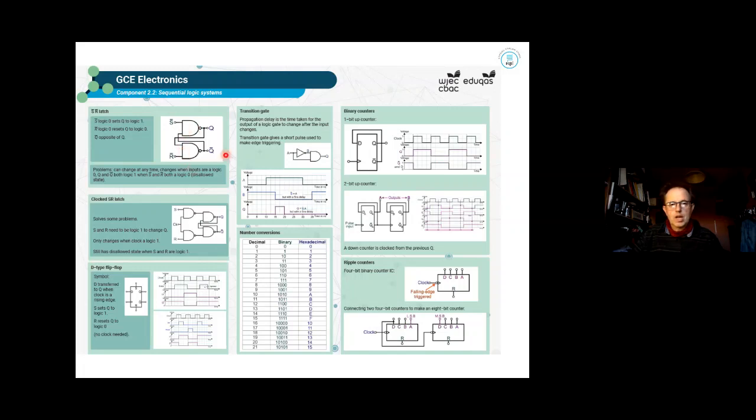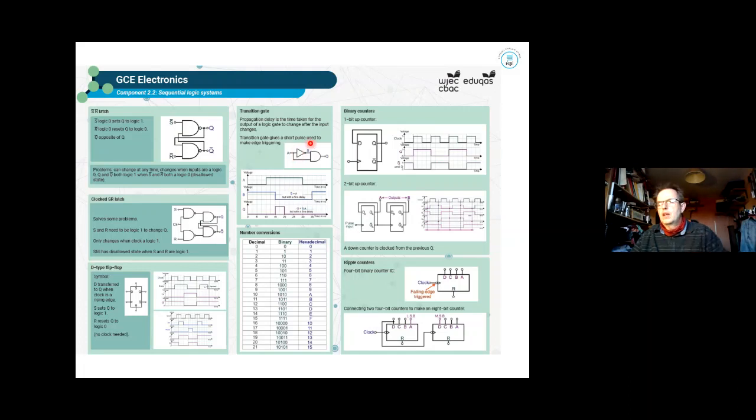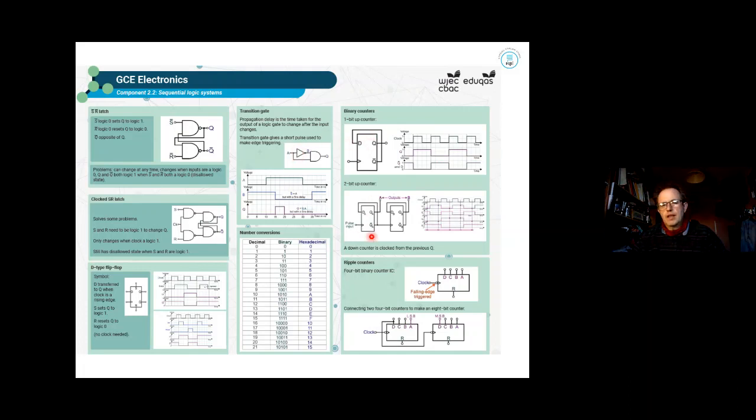Triggers with zeros. Being able to draw a transition gate. Each one of those gates gives you the length of the pulse. Remember that one. With a binary counter, you would have to maybe draw the binary counter, practice that.